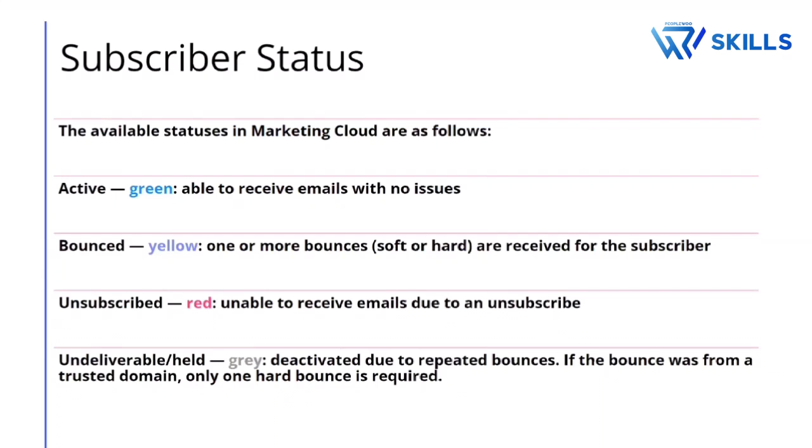So due to system behavior, due to a temporary issue, my inbox was full, I was not able to get any email, and whatever email you sent me, the system returned back to Marketing Cloud. The process has changed my status from active to bounced. But there may be permanent issues as well.